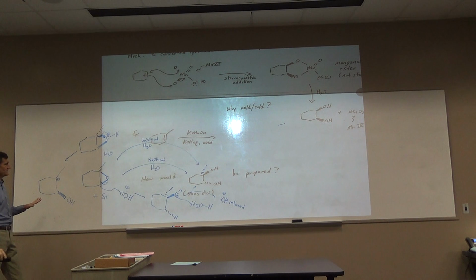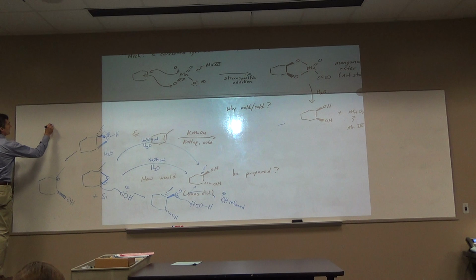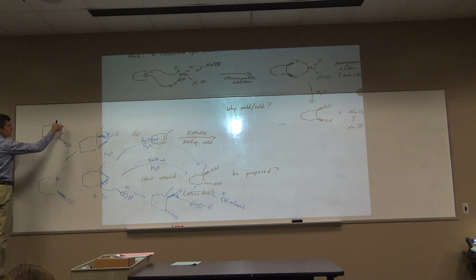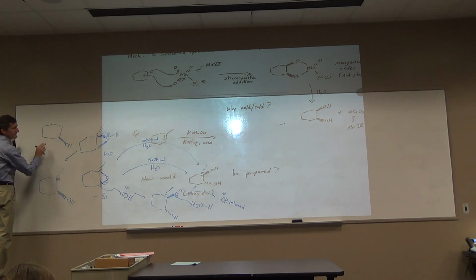Basically, can I maybe just get the product? What are we going to get on this carbon? This is another erase. This is going to open up like this, right? The water's bonded up here, but it's going to come in backside.